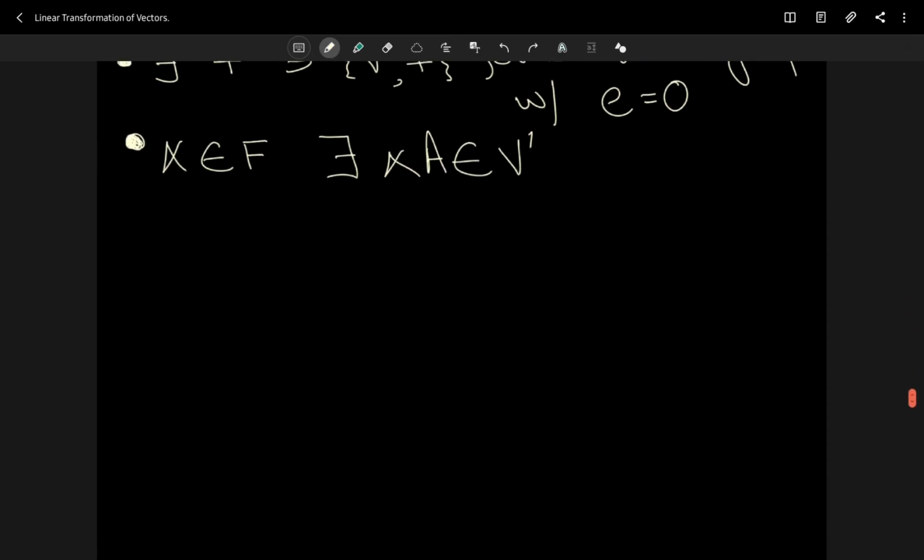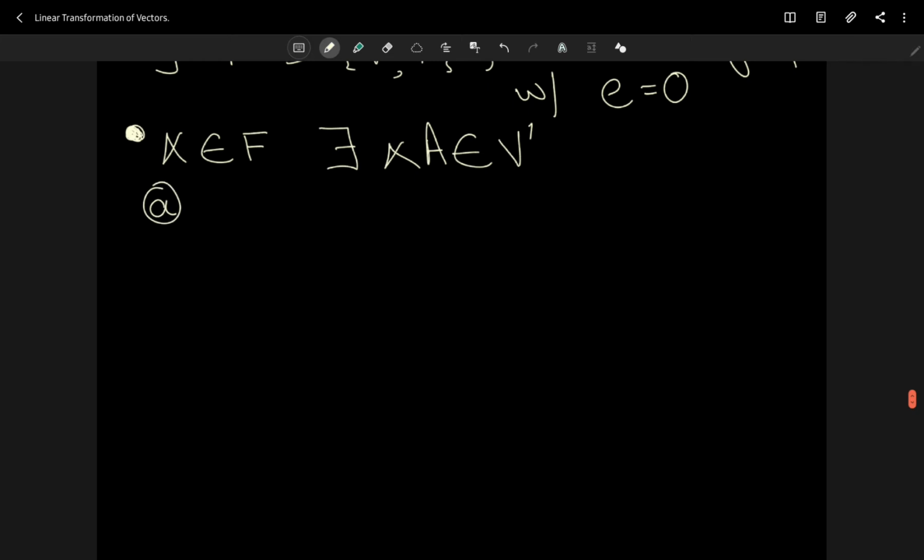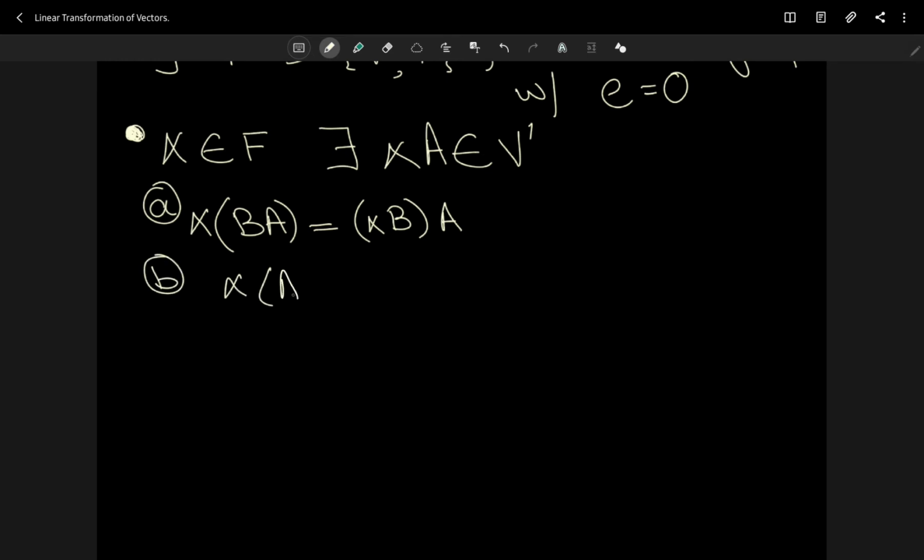And there are some properties for this. Let's start with A: alpha times B acting on A is the same as alpha times B, which acts on A. The other one is alpha times (A plus B), which is equal to alpha times A plus alpha times B.